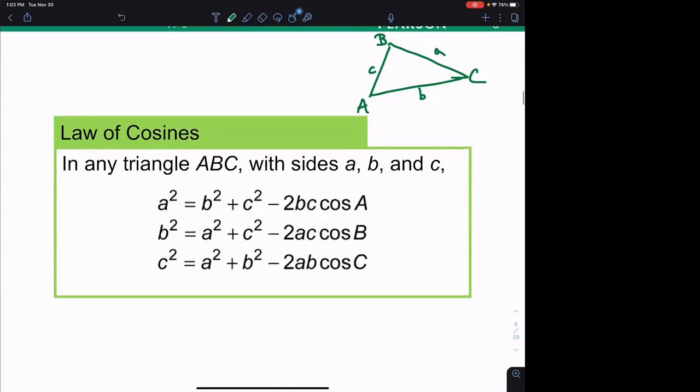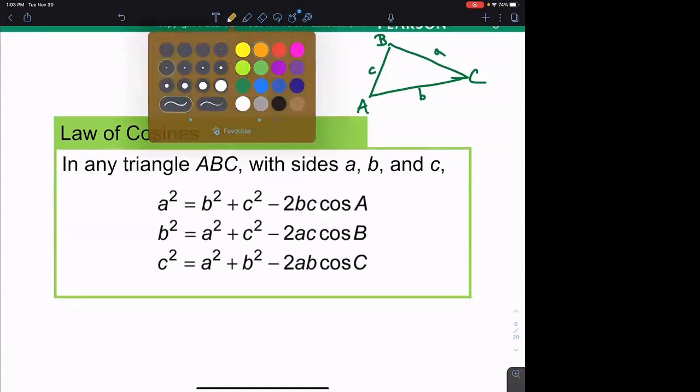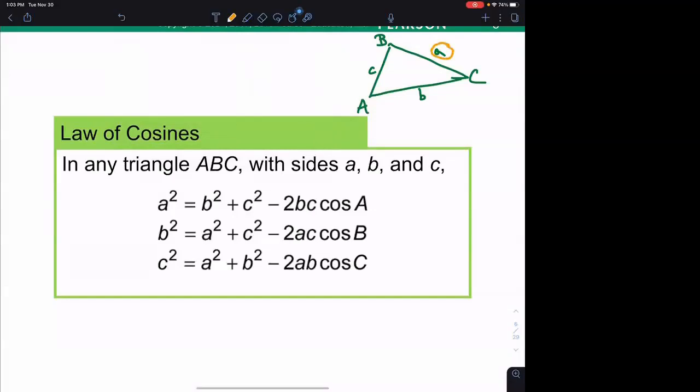And so when we're talking about side A, as they are in the first one, you can calculate side A using side B and side C. So you're using B and C, and you're using B again, and C again, and you're also using angle A. So you can get side length A if you have the angle opposite A and the other two sides.